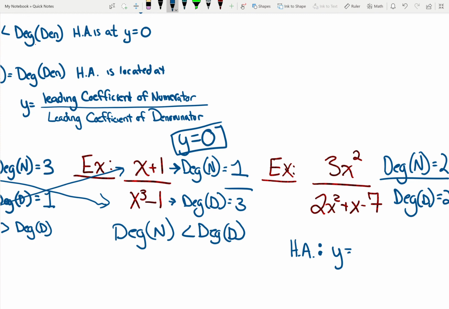So what is the leading coefficient of this numerator? Well, here's my x with the largest exponent, and here's the term that's in front of it. So my leading coefficient here would be 3. And I'll divide that by the leading coefficient of the denominator. This x has the highest exponent, and what number is attached to it in front? 2. So that means my horizontal asymptote is located at y equals 3 over 2.